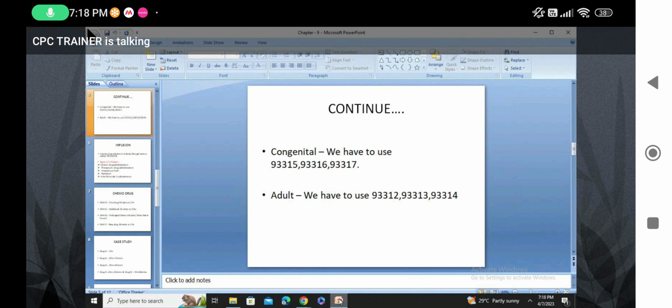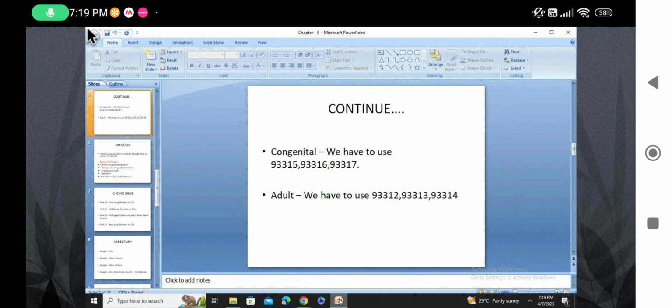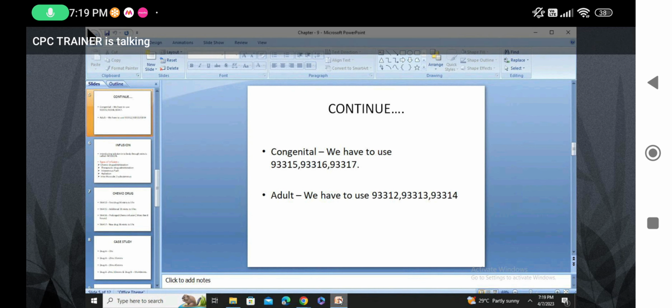And the last one, 93312, is TEE with probe placement with the interpretation and report.